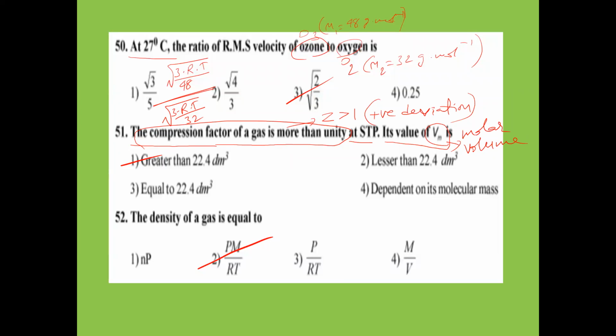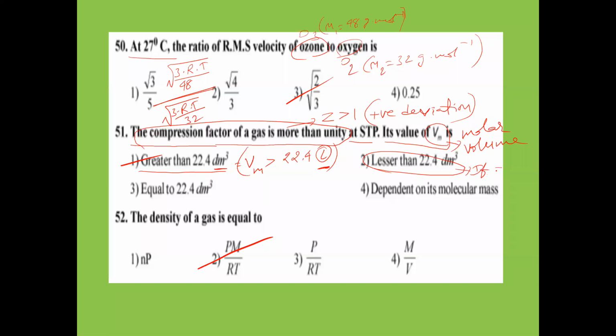Generally, molar volume is 22.4 liters at STP. When Z value is greater than 1, molar volume should be greater than 22.4 liters, as I told you. 1 liter is equal to 1 decimeter cube, both the same.